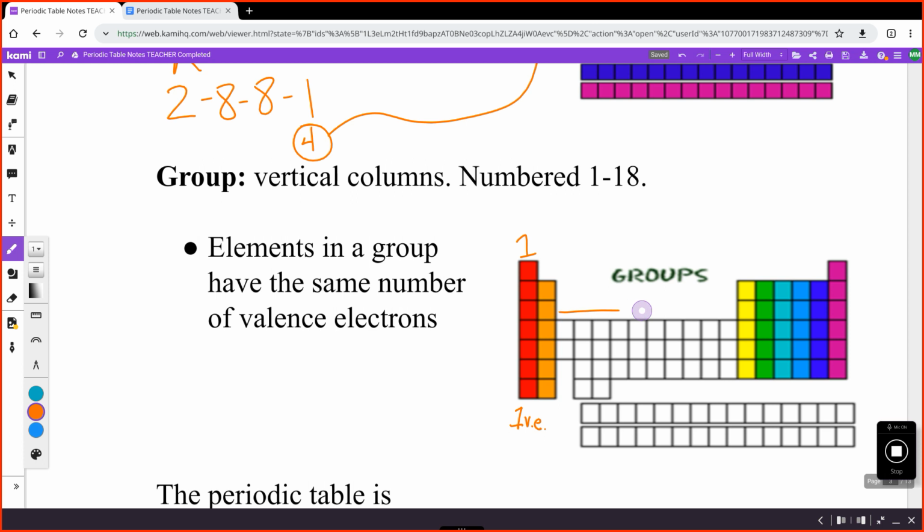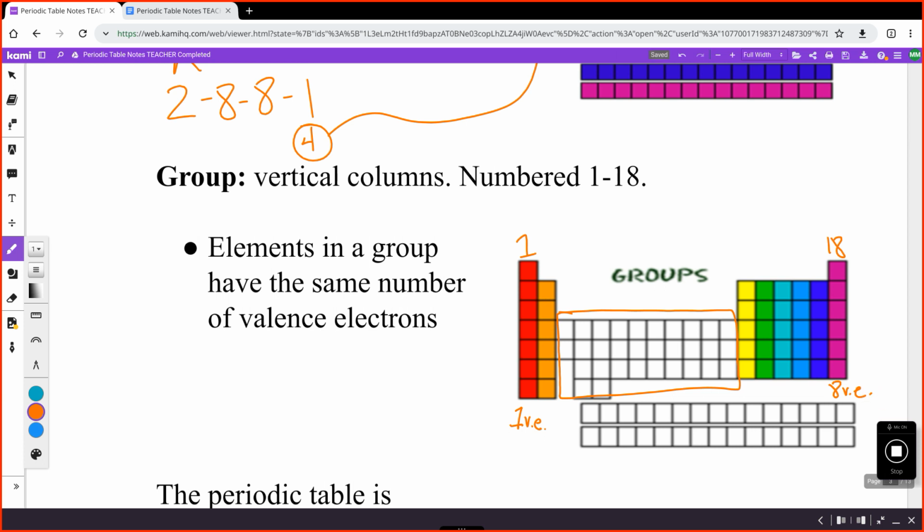The middle section is a little bit different. It doesn't behave as simply as we want it to, so we're just going to ignore that for the moment. But over here, you have group 18. And it turns out that everything in group 18 has 8 valence electrons. It's the reason why it's there.